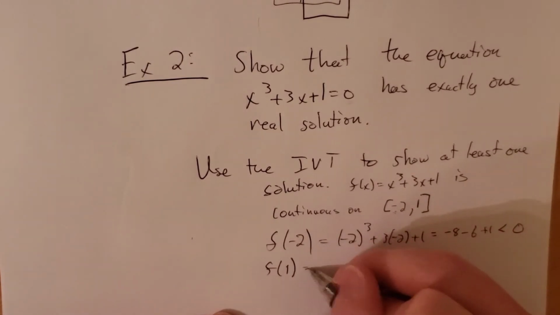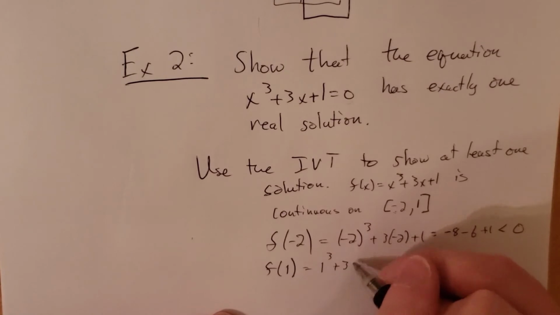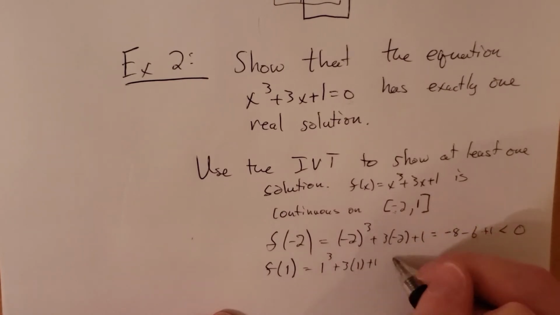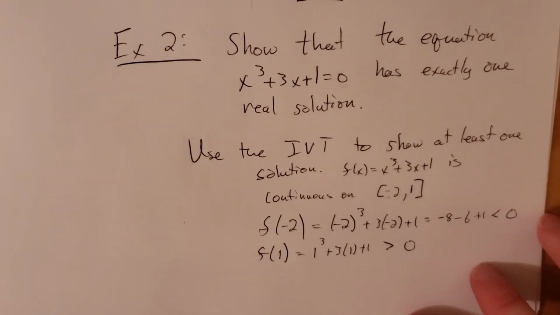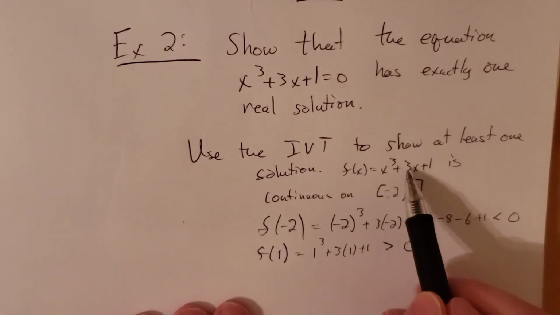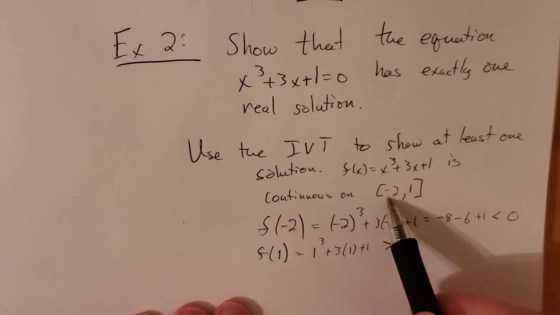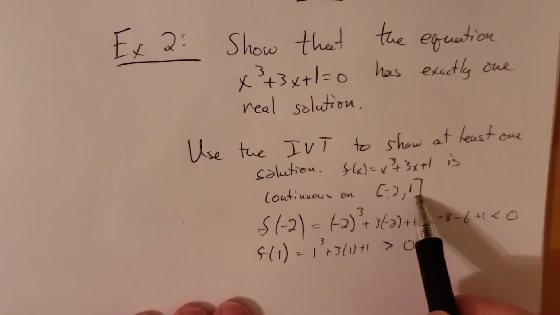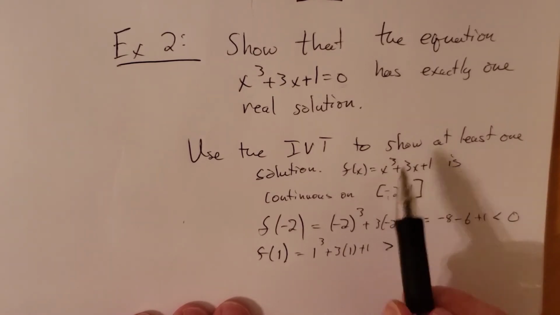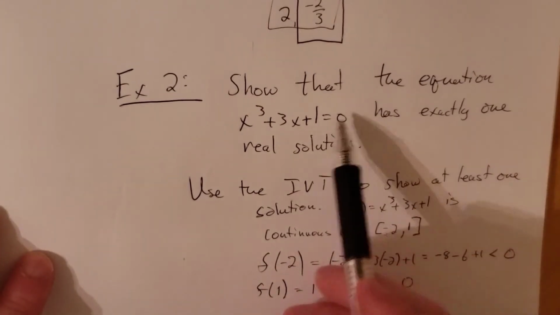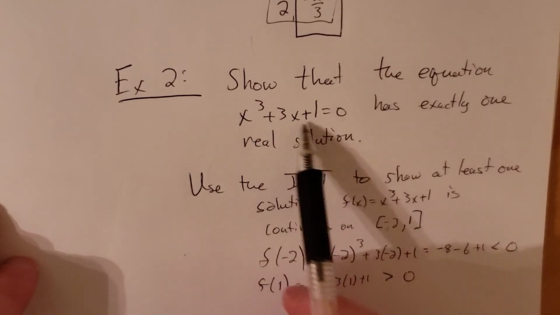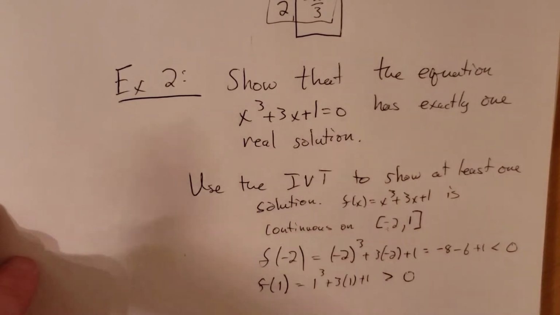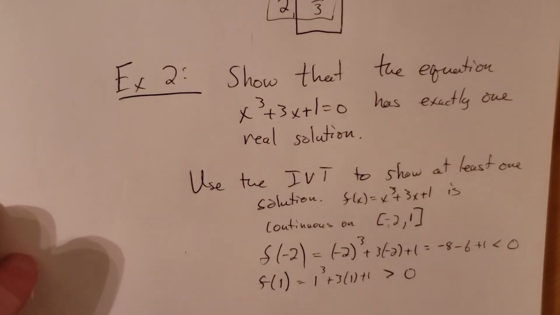Well, that is 1 cubed plus 3 times 1 plus 1, which is certainly greater than 0. So, if our function is continuous, and on one side of this interval the function is less than 0, and on the other side it is greater than 0, then certainly it crosses 0 by the intermediate value theorem, and thus there is at least one real solution.